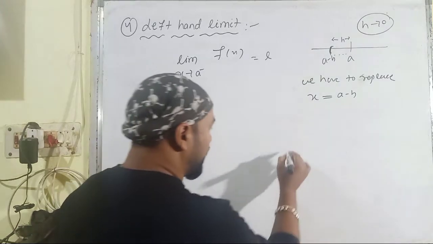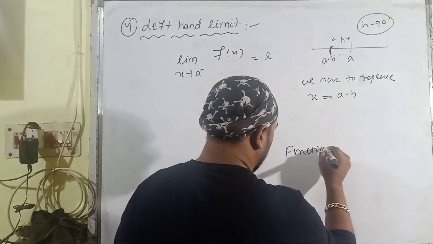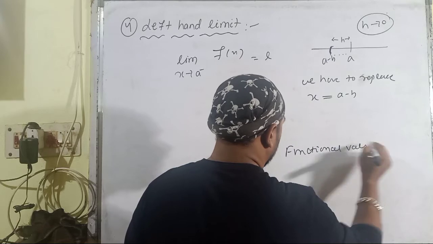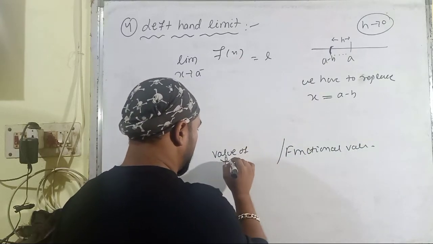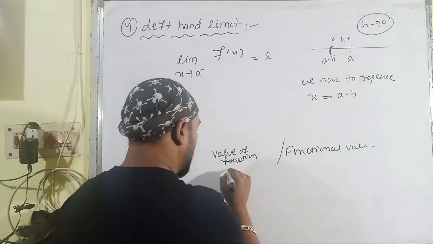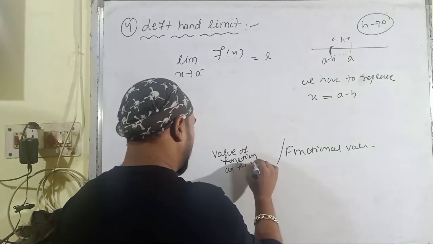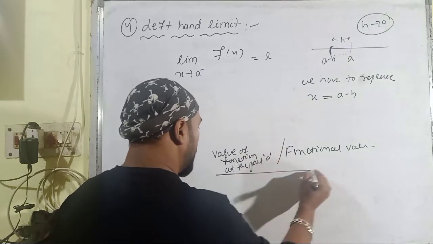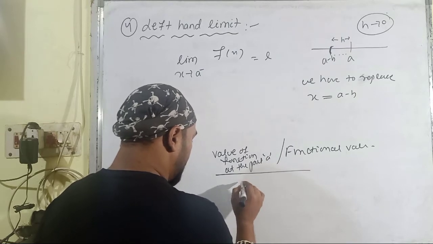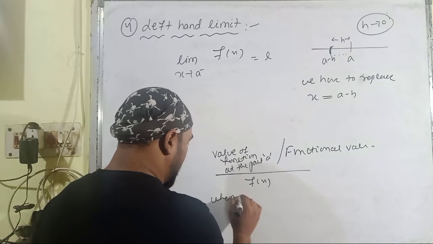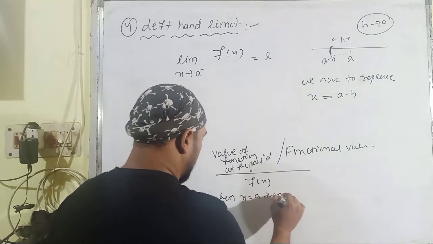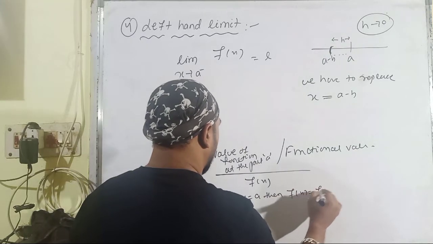In the functional value, or value of a function at the point a, if the given function is f of x, then when x is equal to a, f of x is equal to f of a.